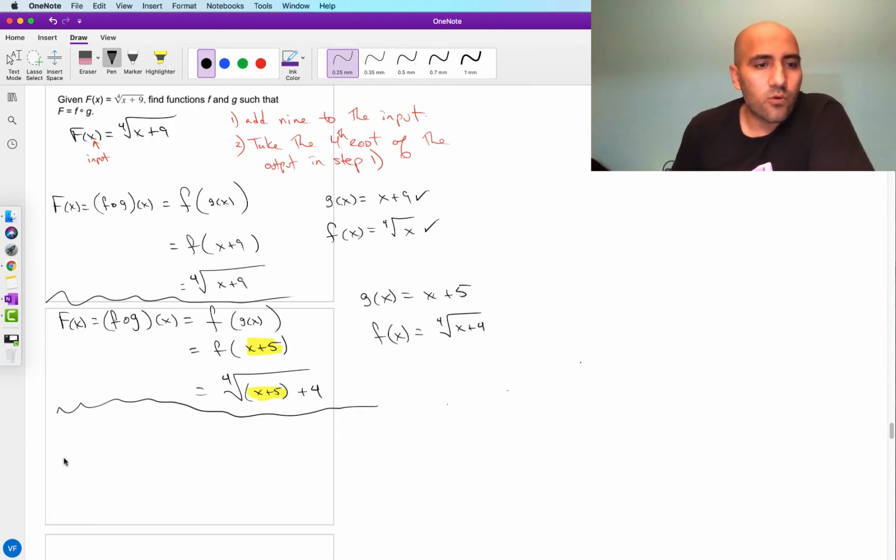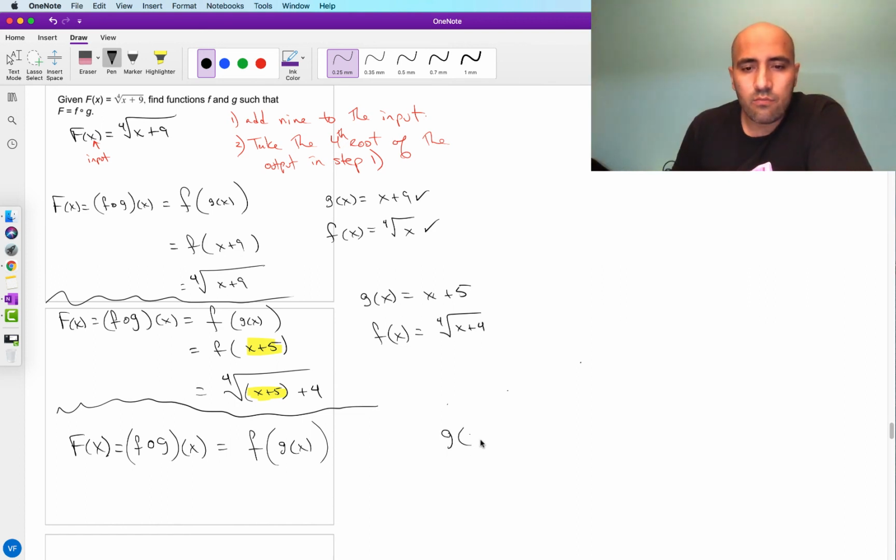All right, let's try one more and see if we can get more creative. If we have capital F of x equal to f composed with g evaluated at x, which is f evaluated at g of x, let's have a case where g of x gets you most of the way there. So maybe it's equal to x plus 9.